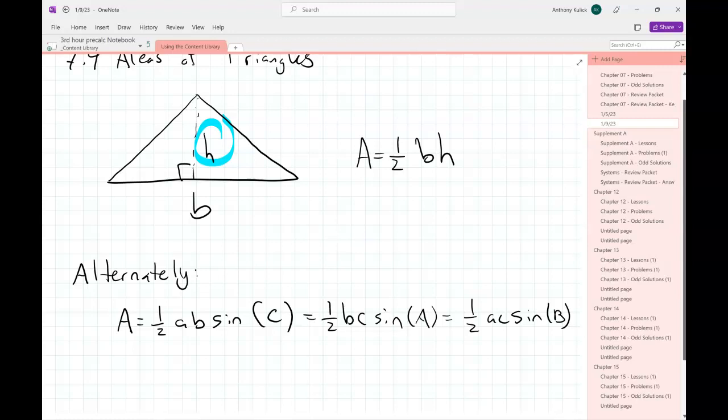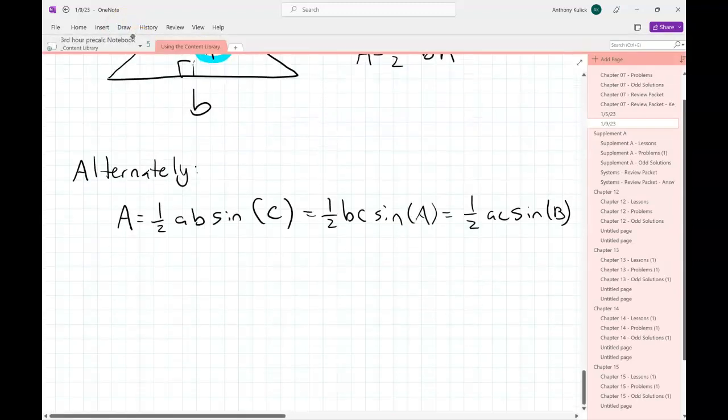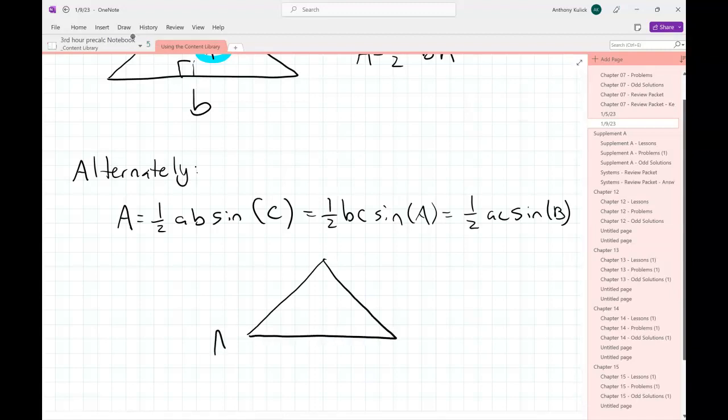Right, so depending on what you're given, any of these is okay. So just to kind of see what's going on here, for example.